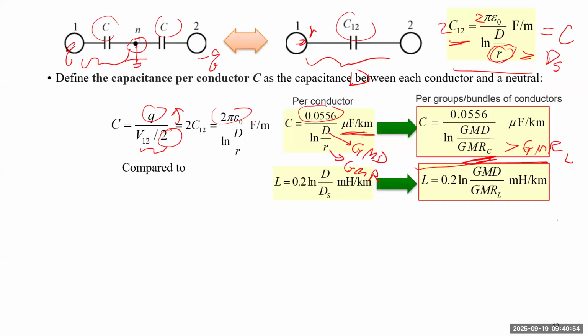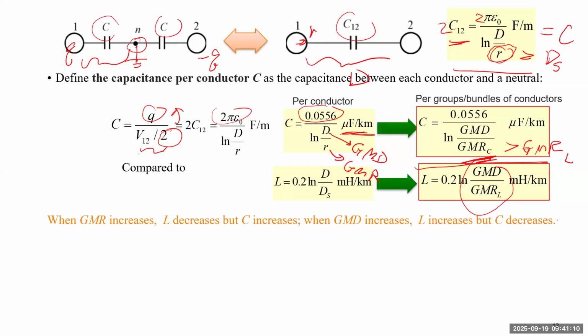So we can compare that formula to this one. It just depends on the GMD and GMR. But for GMR here, we put L, so that doesn't use the actual radius of the line. From the two formulas, we can conclude such an observation.